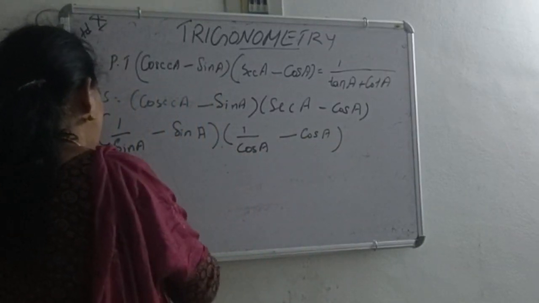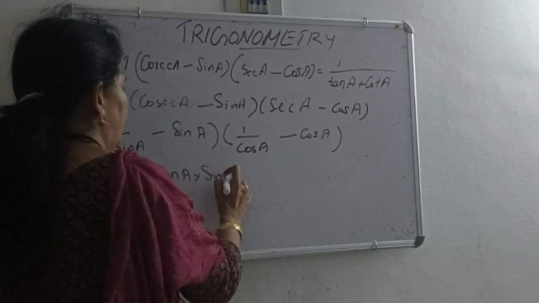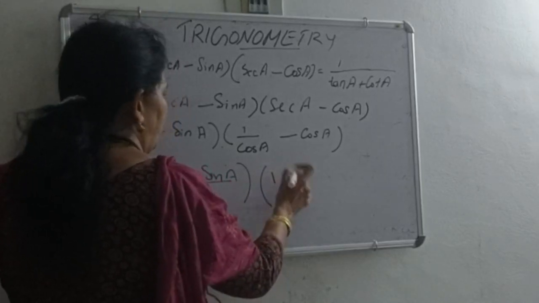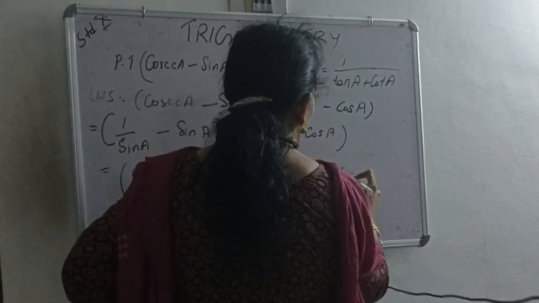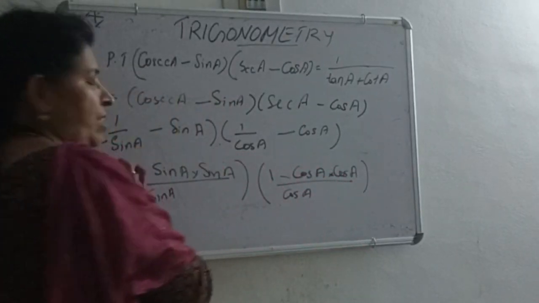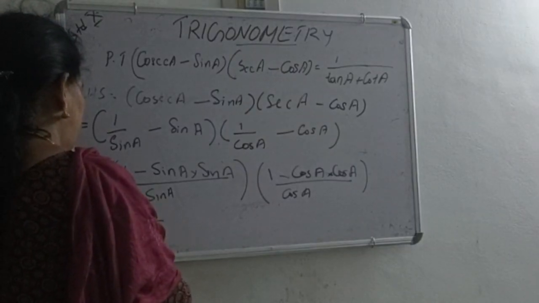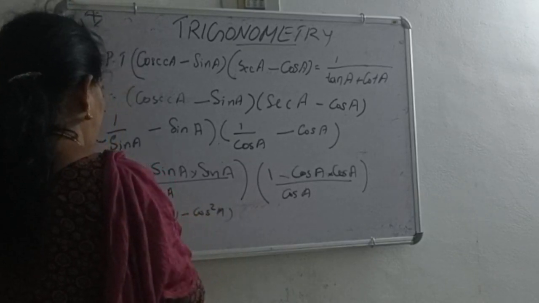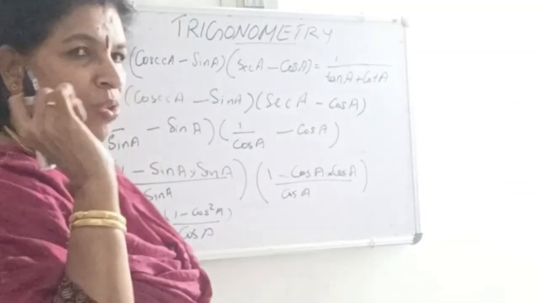Then cross multiply. 1 minus sin A into sin A by sin A, into 1 minus cos A into cos A by cos A. That is sin A into sin A is 1 minus sin square A, by sin A, into 1 minus cos square A by cos A. We have an identity sin square A plus cos square A equal to 1.